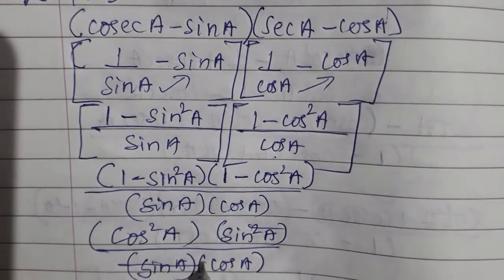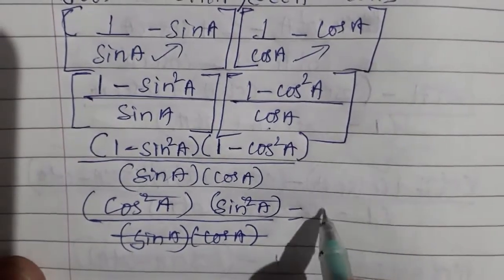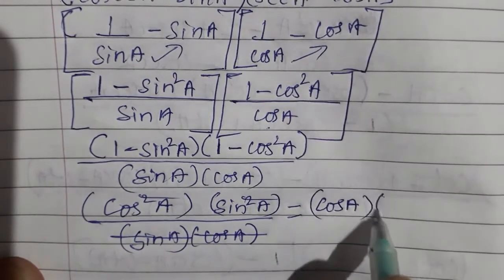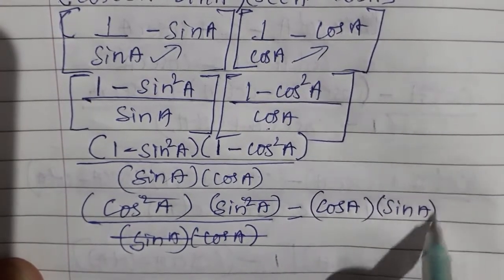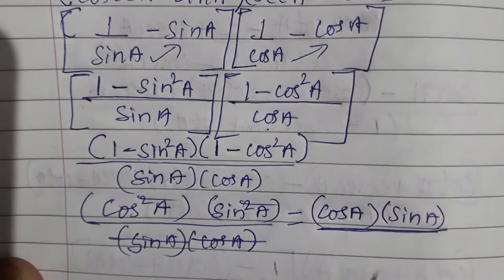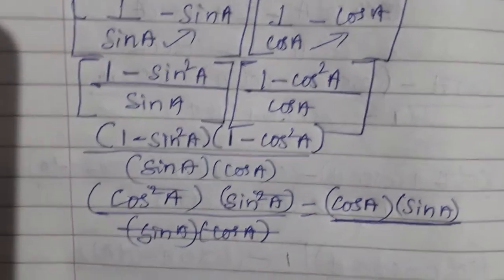From cos square A, cos A is cancelled. So what is remaining for us? Cos A into sin A. Because we did not get the RHS yet, now we will solve the RHS and see whether we get cos A into sin A.